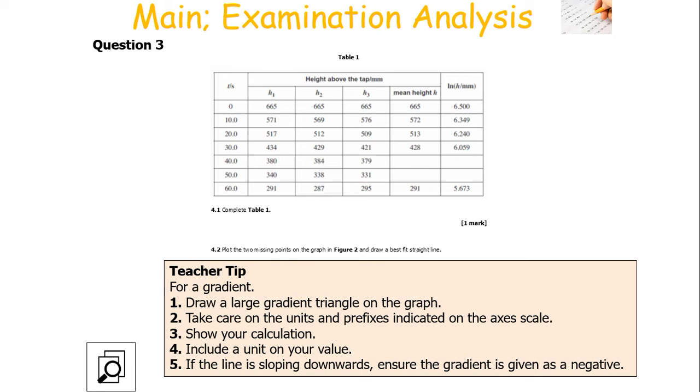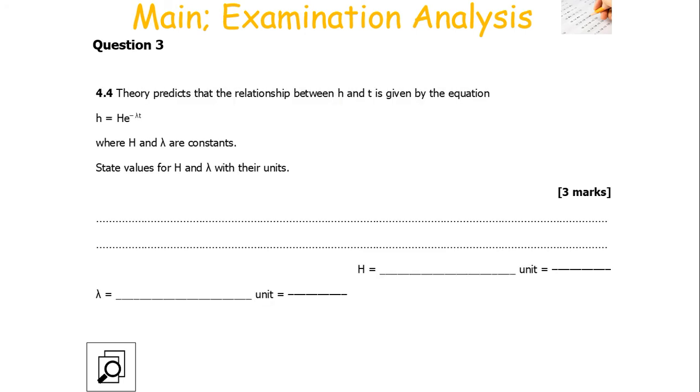So like we mentioned before, for a gradient, draw a large gradient triangle on the graph, take care on the units and the prefixes indicated on the axis scale, clearly show your calculation, and include the unit in your answer. It's the units of the y-axis over the units of the x-axis, and if our line is sloping downwards, we've always got to give our gradient as a negative.